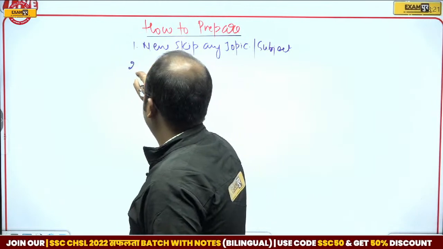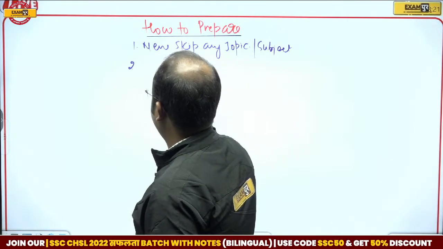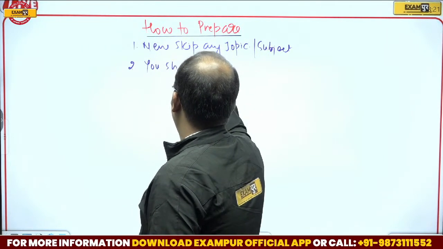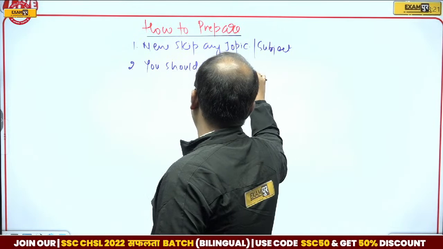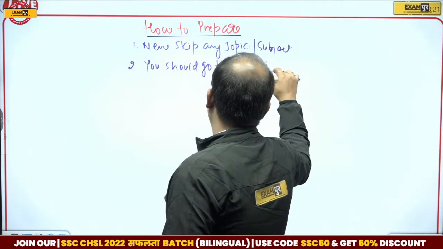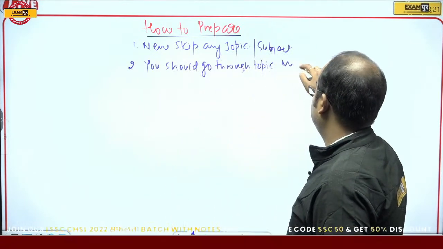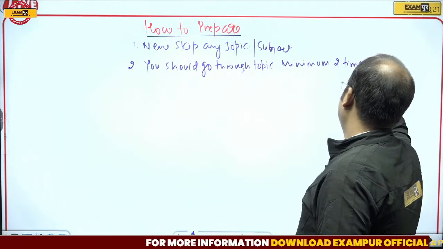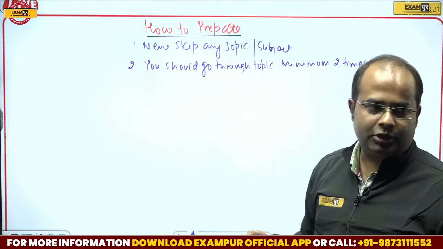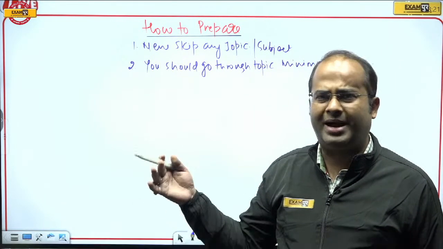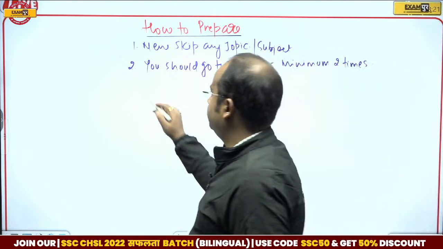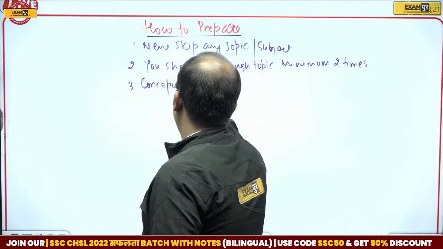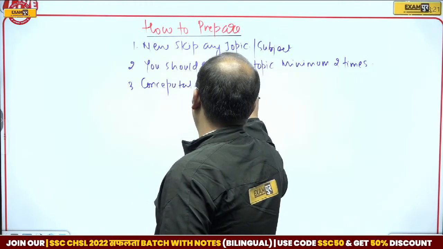Other than this, you should go through the topic minimum 2 times. That is the minimum; maximum you can go as much as you like. Third is conceptual understanding of the topic.